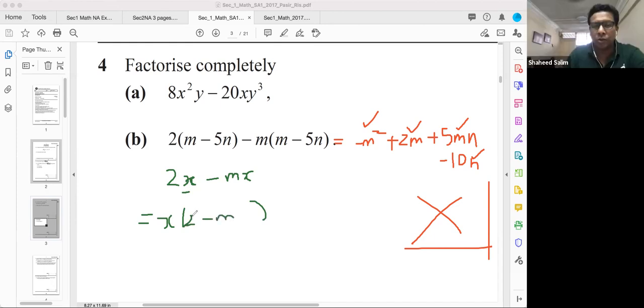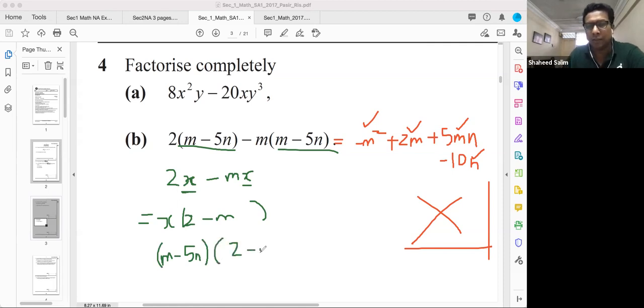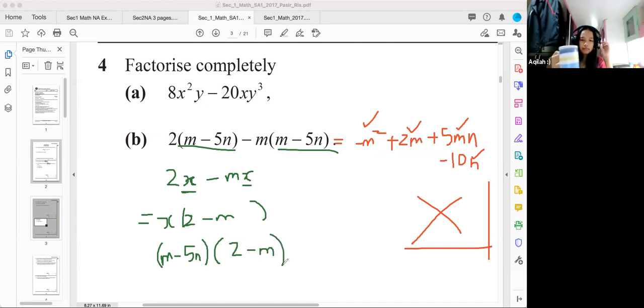Now I want you to imagine this x now is this thing. So both of them have this. So this x here, we put it outside the bracket. So now we put m minus 5n outside. And inside, you take 2 minus m, which is almost the same as yours.